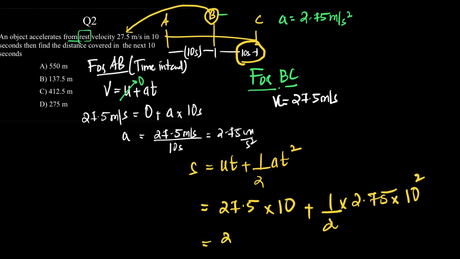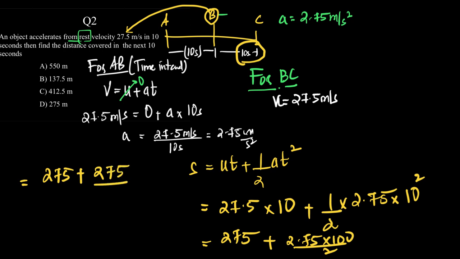So this basically becomes 275 plus 2.75 into 10 square, which is 2.75 into 100 by 2. This further becomes 275 plus 275 by 2.